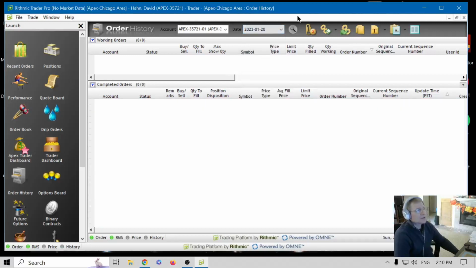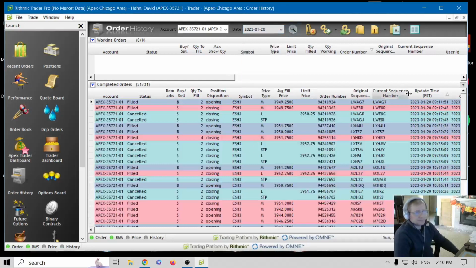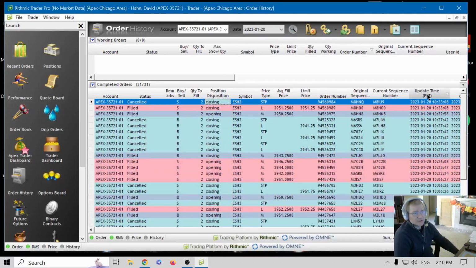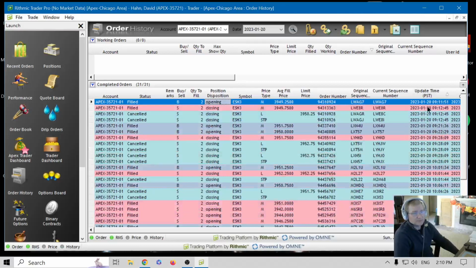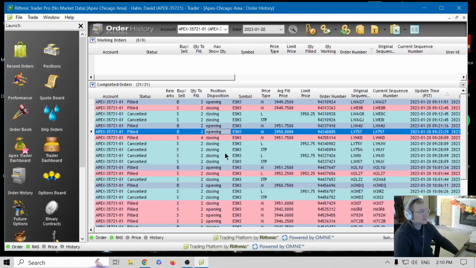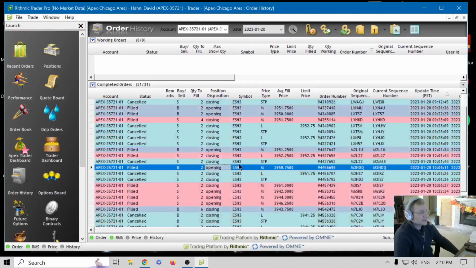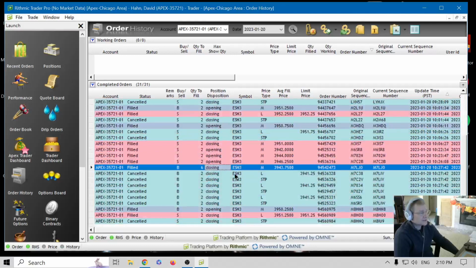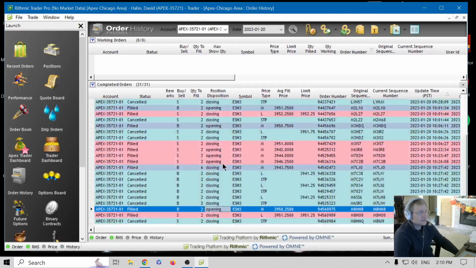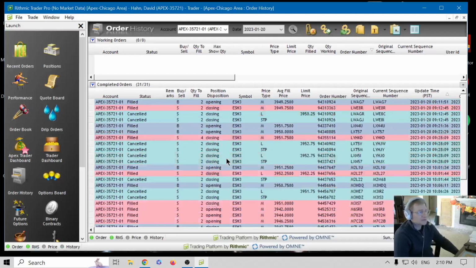And then the 20th, let's see if we can sort these the same. Alright, 2, 4, 6, 8, 10, 16, 18 contracts total round trips.